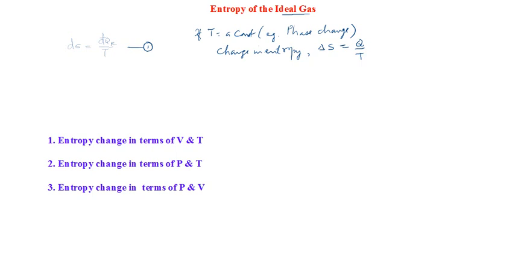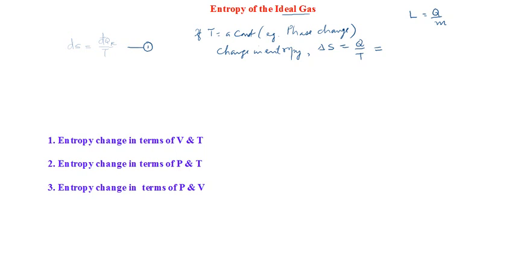And for this Q, you can just substitute in terms of latent heat. You know that the latent heat we have defined as Q by m, whether it is latent heat of vaporization or latent heat of fusion, depending on the situation.